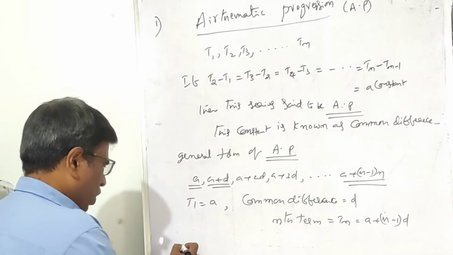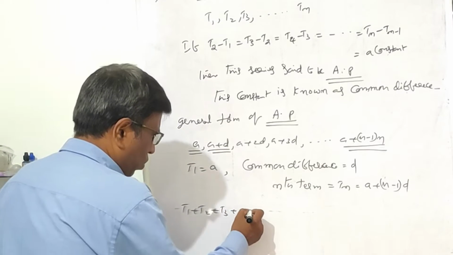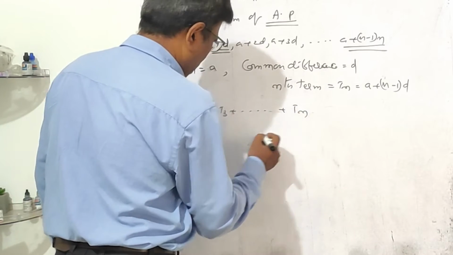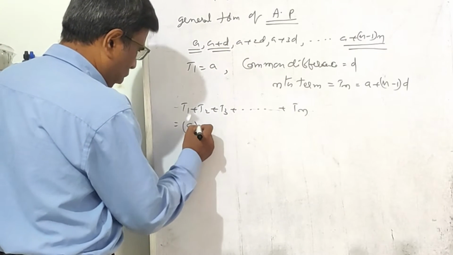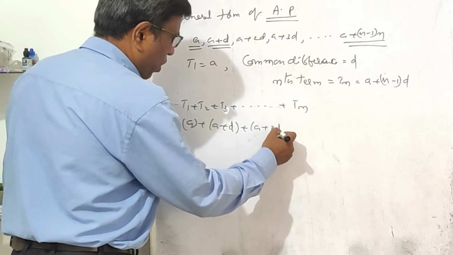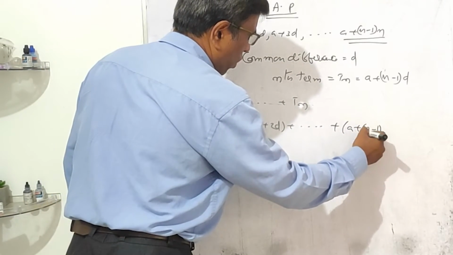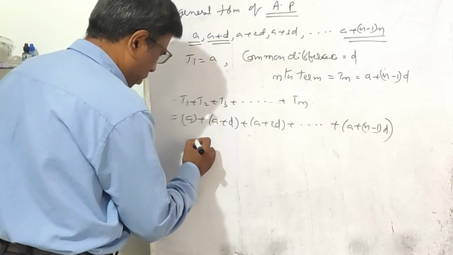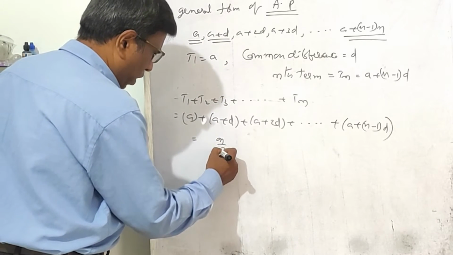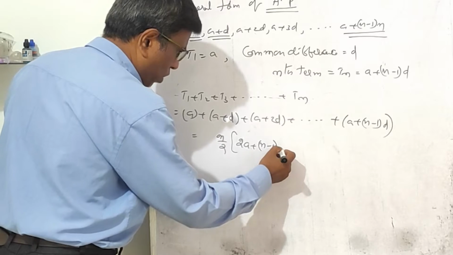In this series, T1 plus T2 plus T3 and so on up to Tn equals A, the first term, plus A plus D, plus A plus 2D, and so on, plus A plus (n minus 1) into D. Up to n terms, this can be taken as n by 2 into (2A plus (n minus 1) into D).